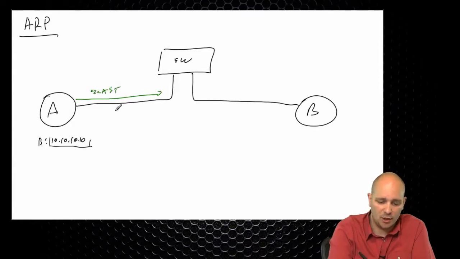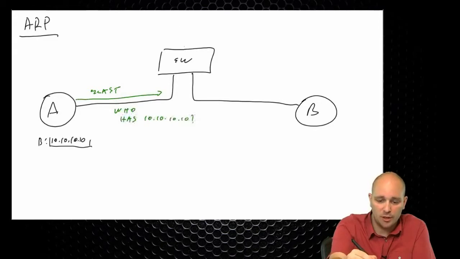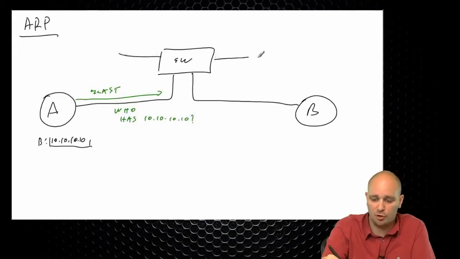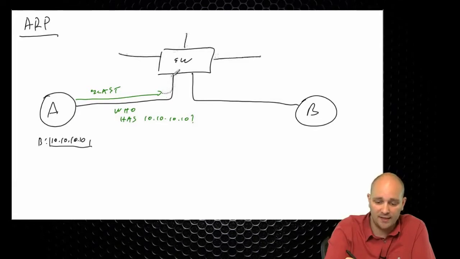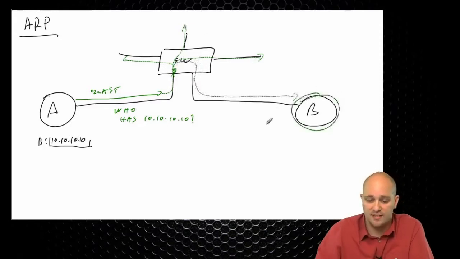So what A can do is send a broadcast asking who has 10.10.10.10. Now, the switch, and let's say that there are some other connections on the switch, when it receives this single packet, it's going to replicate and flood this broadcast out to all interfaces except the interface on which it was received, and eventually B will receive this broadcast packet.